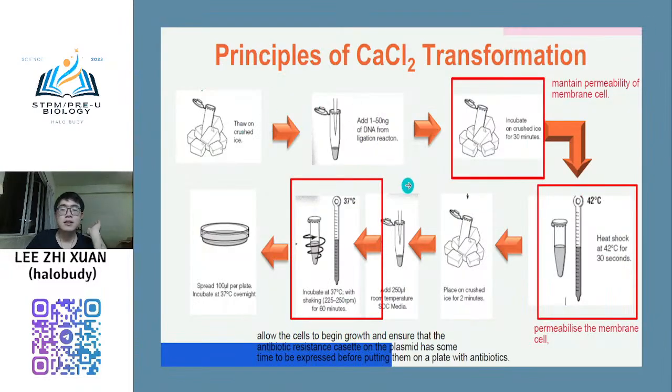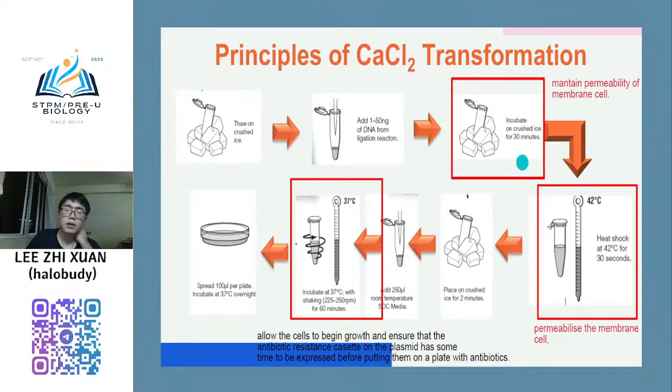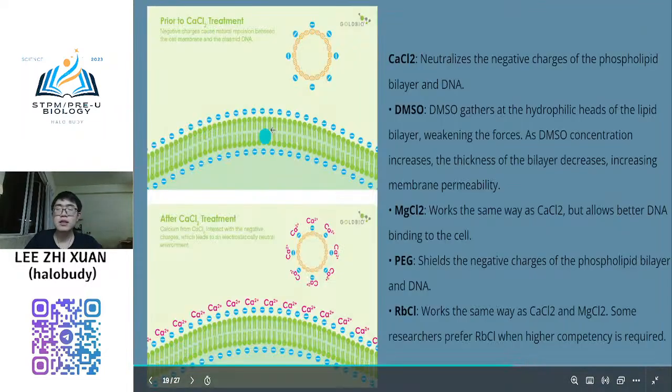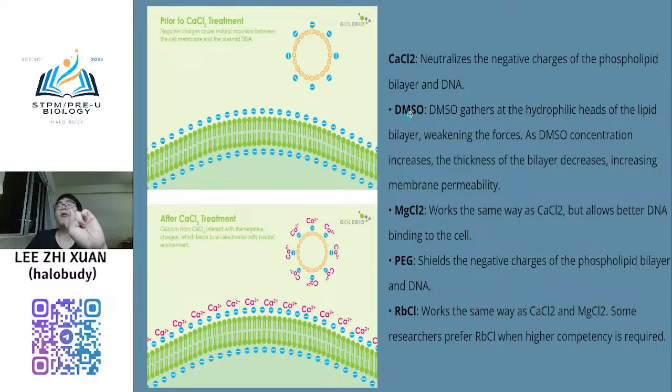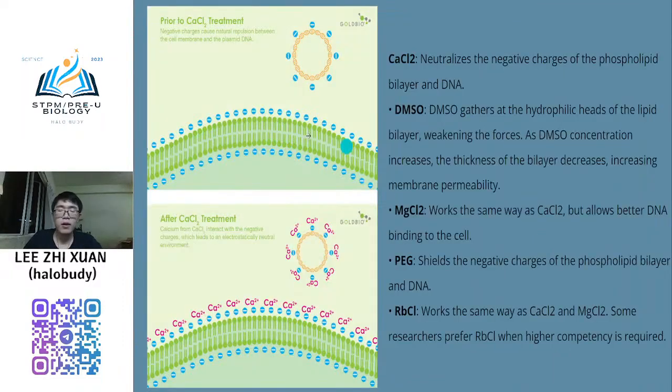Okay, and then this is the experimental process. Normally the most important thing here is to allow the cells to begin to grow and ensure antibiotic resistance. The most important step is that you need to have the heat shock. Not only using calcium chloride, not only pouring the calcium chloride and that's all. You also need to heat shock because you need to permeabilize the cell membrane, to make the membrane more permeable.